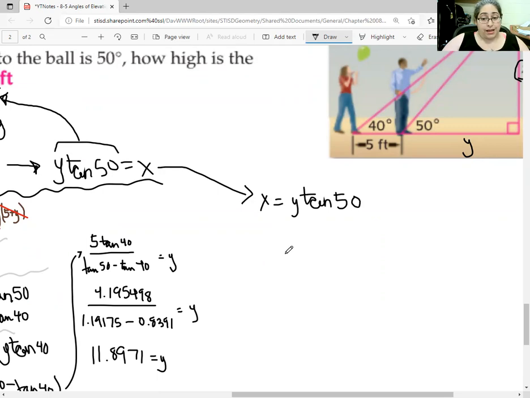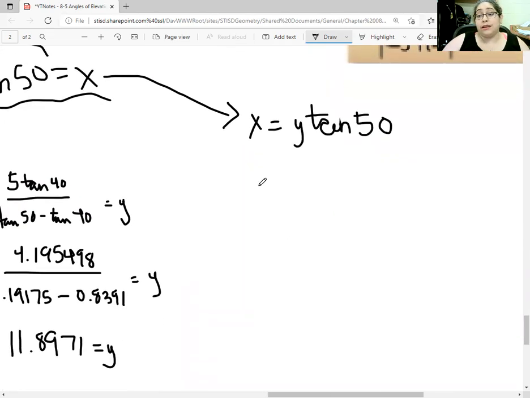This is now something I can do because I've already calculated the value of y. I calculated the value of y in the previous step as 11.8971. So x equals 11.8971 times the tangent of 50.